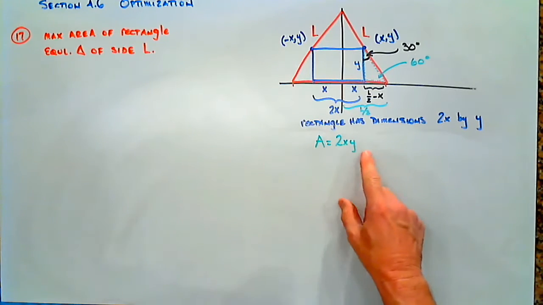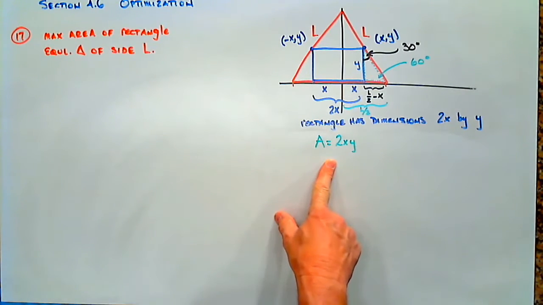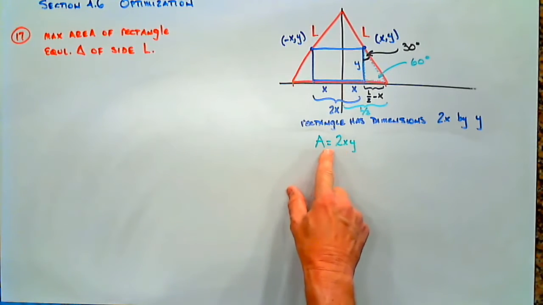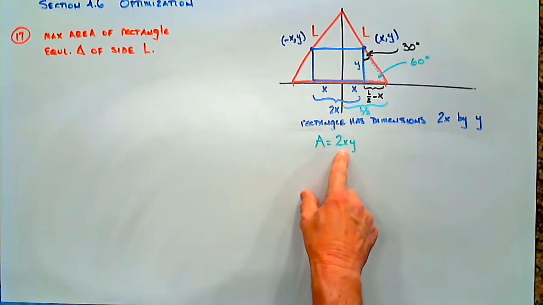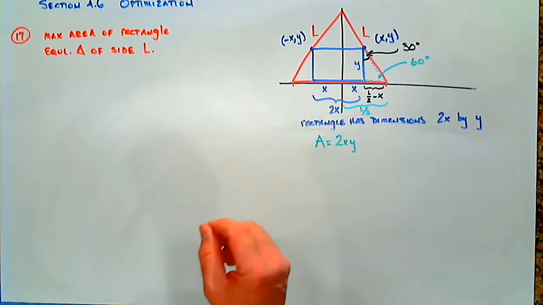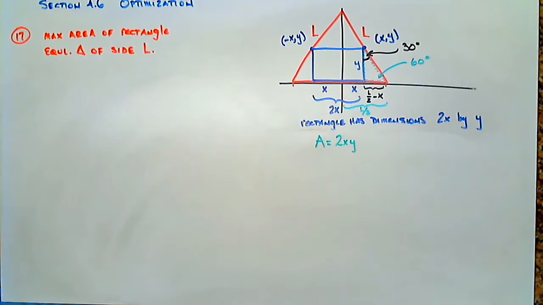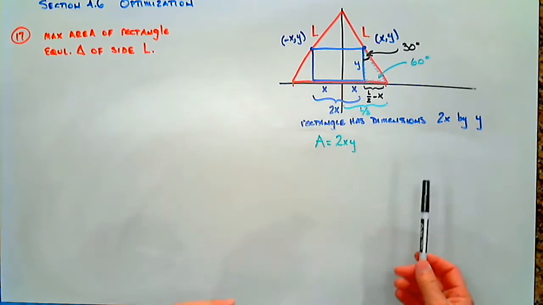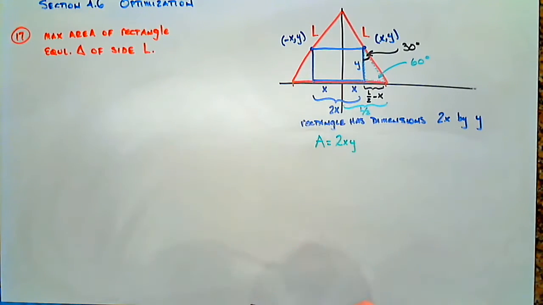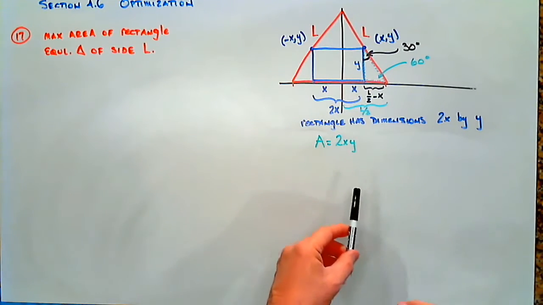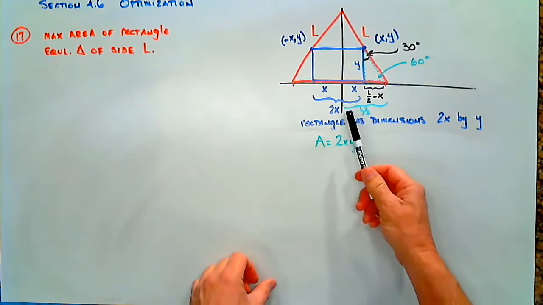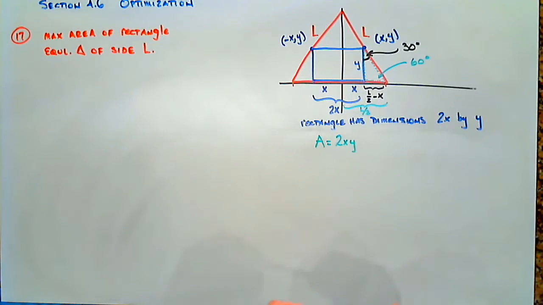Once again, we've reached that point that we reach on optimization problems where we have an equation in two variables and we need to reduce it to one. What are we going to do to reduce this to one variable? Well, we're going to take a look at our sketch and try to come up with some way of rewriting this to eliminate either x or y. I've labeled all the pertinent pieces.